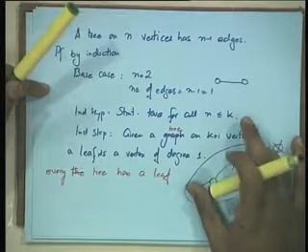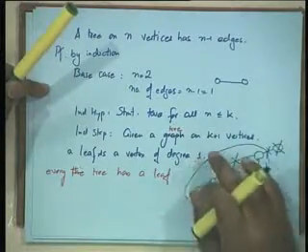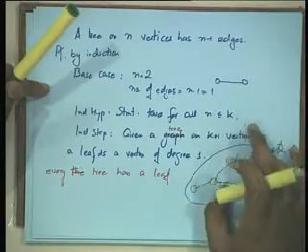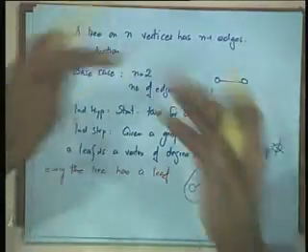So this is still connected, right? This is connected, and by removing an edge and a vertex, I cannot create a cycle, right?